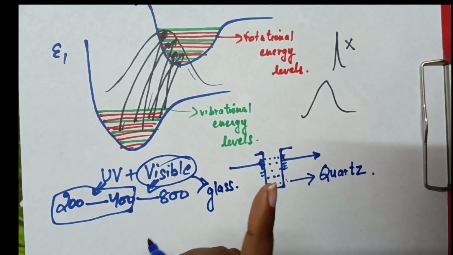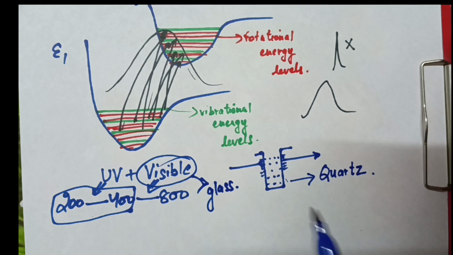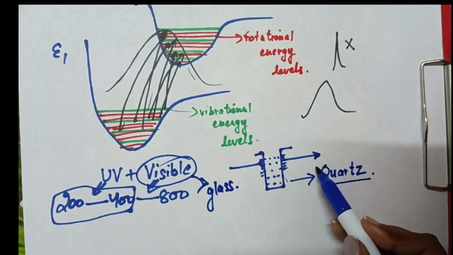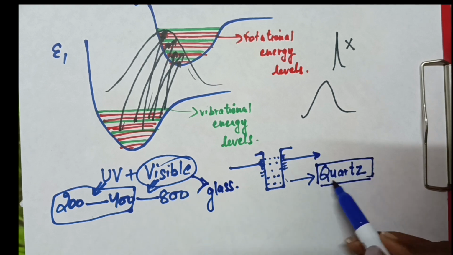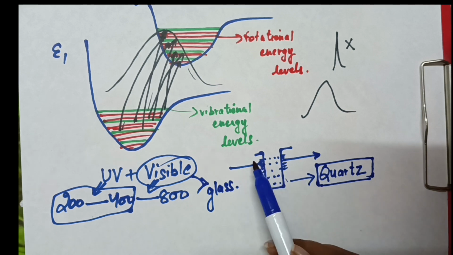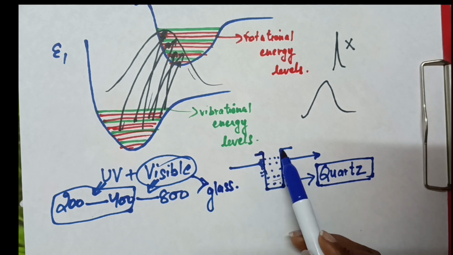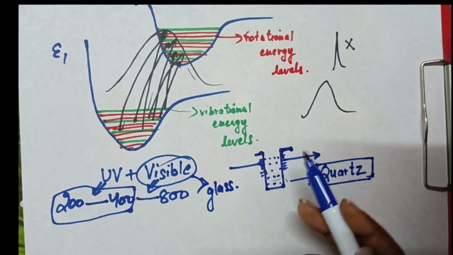But it is highly recommended that if you are using it in the UV region, you use a cuvette made of quartz. Now why is this so? The very simple reason is that glass absorbs more radiation as compared to quartz, right? Whatever radiation we provide to the solution, the cuvette would absorb that radiation.